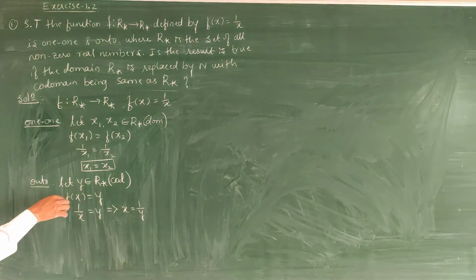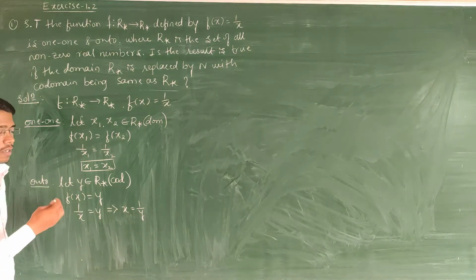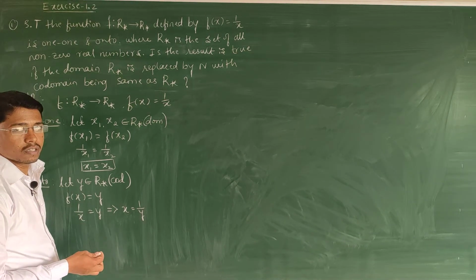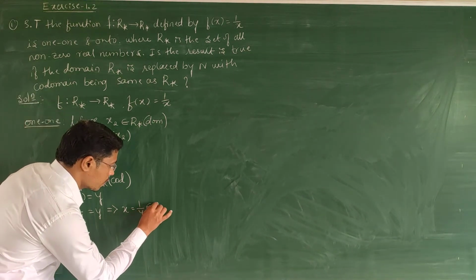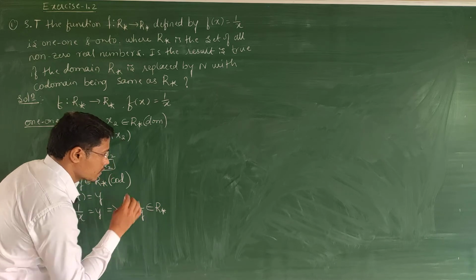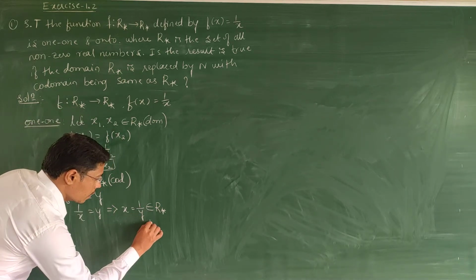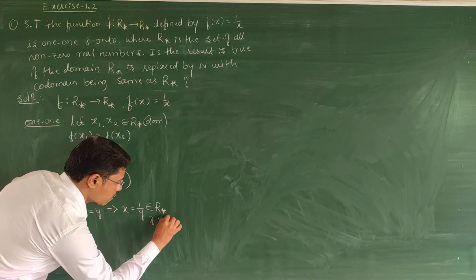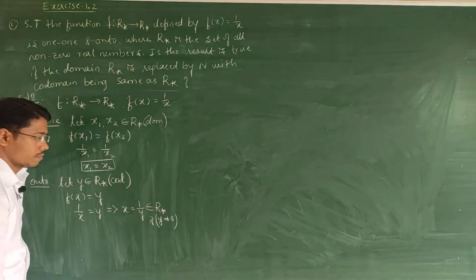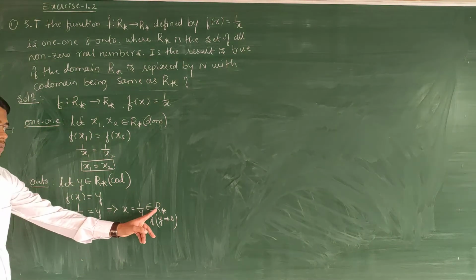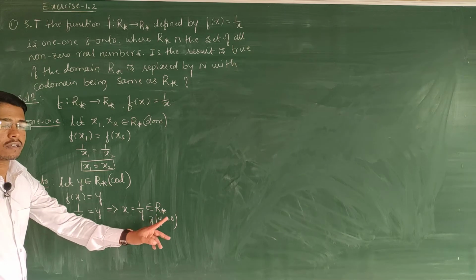So 1 by y is a real number, it means a rational number. This type of number belongs to R star if y is not equal to 0.